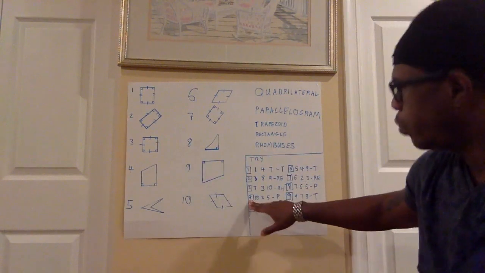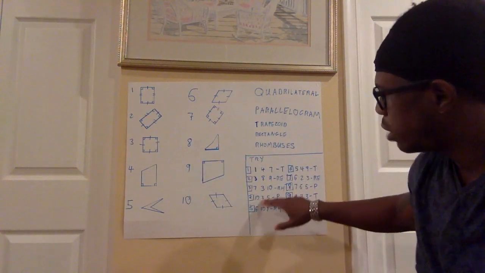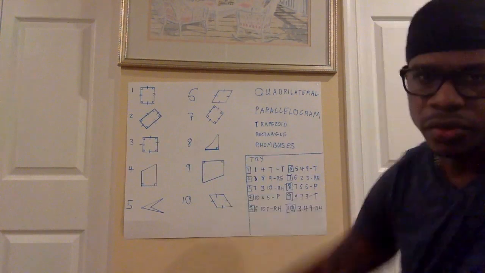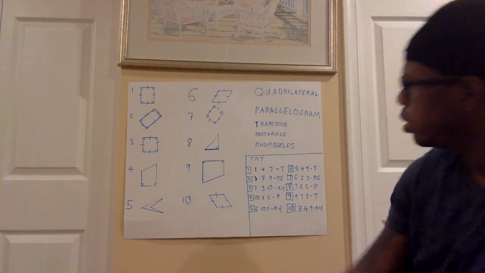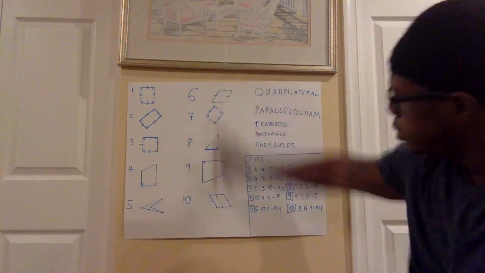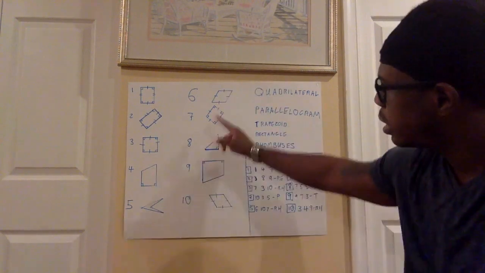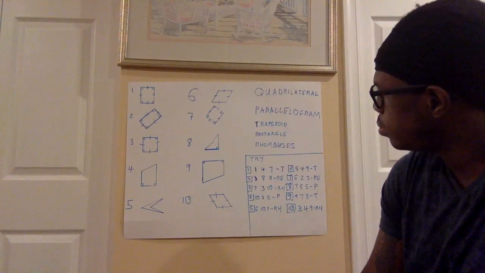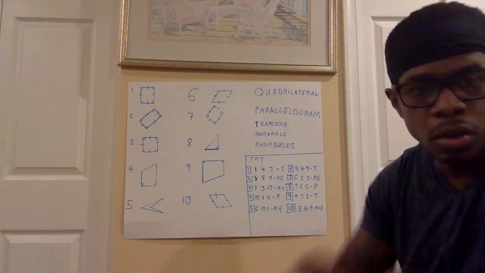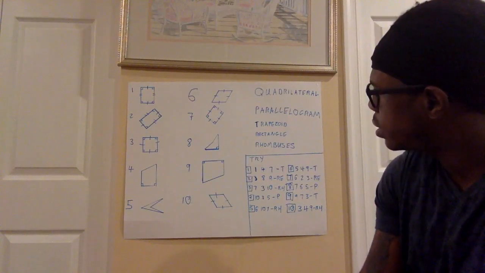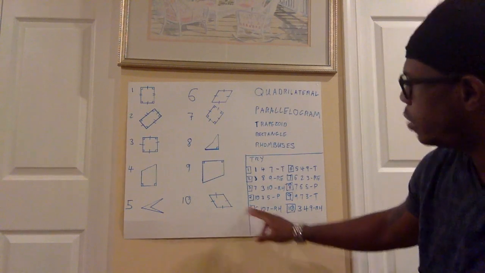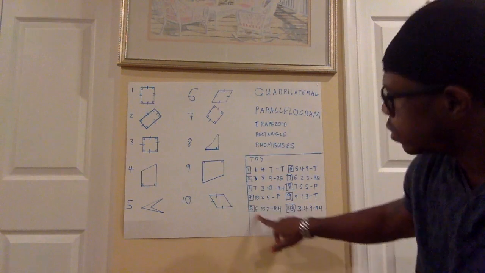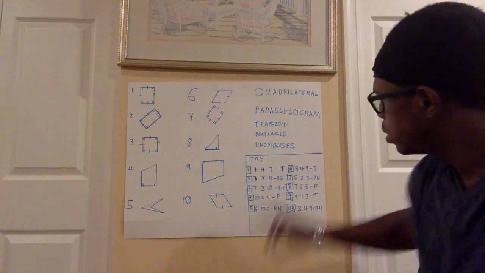So for number 4, we should have 10 and 3 circled. For number 5, we're looking for a rhombus. We have 6, 10, and 7. Again, all 3 are rhombus. So you should have all of them circled. All of them are rhombus.